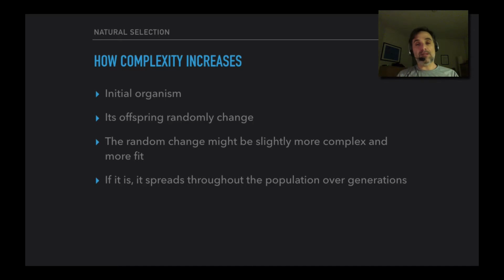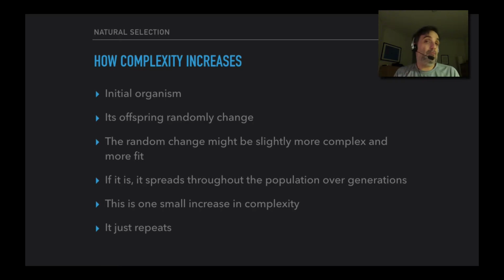So these random changes spread throughout the population over generations, and they accumulate. There's one small increase in complexity with the first change, but then it just happens over and over and over, and over time you get a lot of really big changes. So you get humans evolving from something like bacteria.